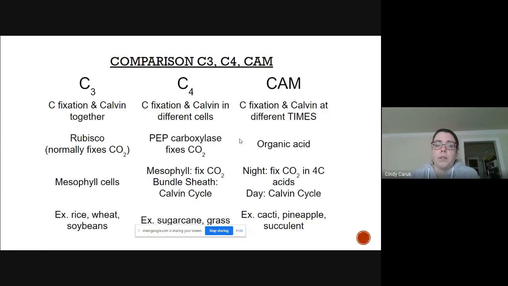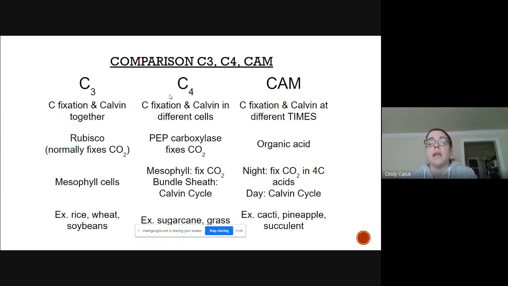Right? And so we have your three types. Most plants are C3. Rubisco is going to fix your carbon dioxide as normal. Your Calvin cycle is taking place in the mesophyll. So rice, wheat, soybeans. Sugar cane, for instance, is a C4. So here it's dealing with that photorespiration, Rubisco picking up oxygen instead of carbon dioxide. That's a problem for it.